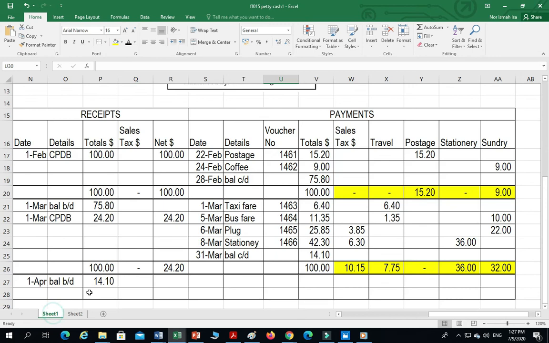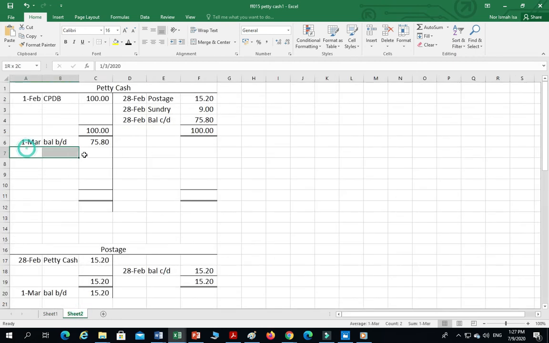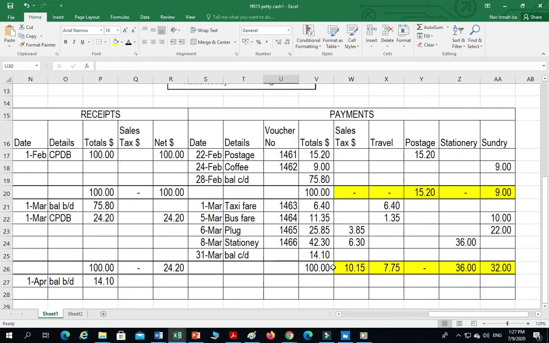Now we go to the transactions that have been recorded for March. Same for the petty cash, we have another reimbursement amount that comes from the cash payment day book. So we record again the reimbursement amount, and we post all this total for this column.